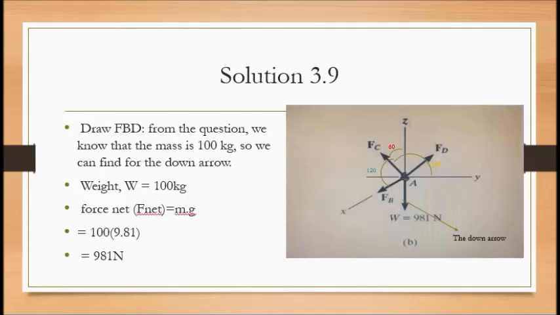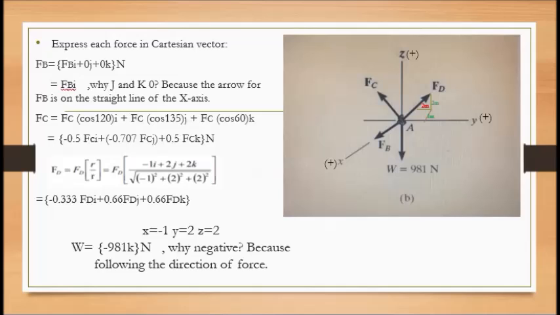First we resolve all these forces into their three-dimensional components. We're going to start with force B. Force B only acts on the x-axis, so it does not act on the y or z axis, so it has no j value, no k value, just an FB i value. Then we're going to resolve FC using the first angle method.